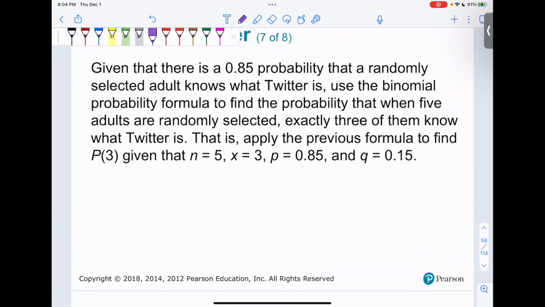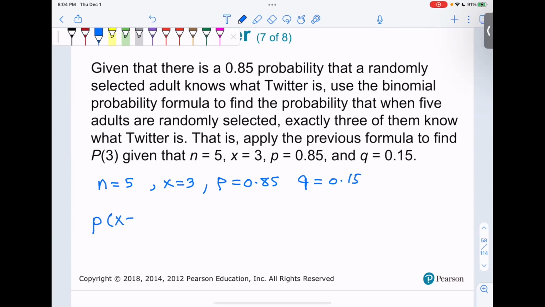Okay, so now for the same example we did, we know n equals 5, x equals 3, p is the probability of success, and q is the probability of failure. So now the probability of x equal to 3, let me just write the formula first.